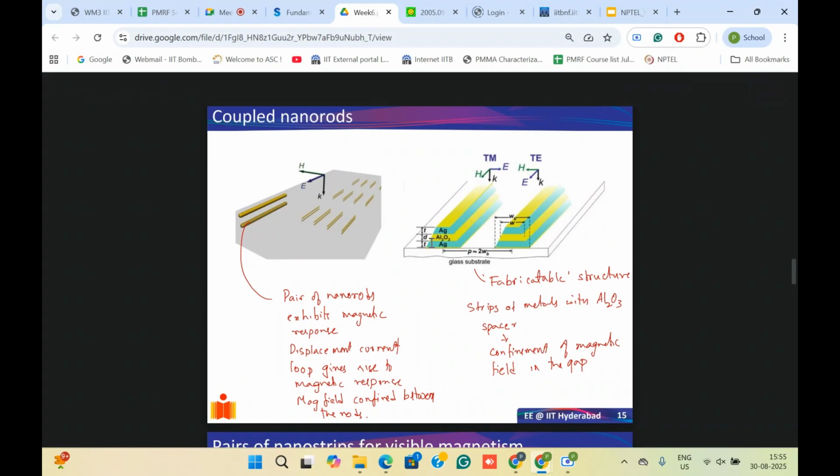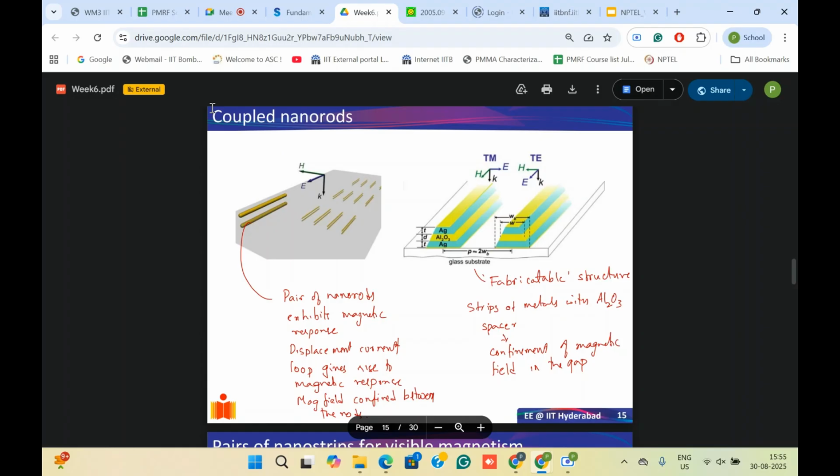Next we have the example of coupled nanorods. Here we have a pair of nanorods which exhibit a magnetic response. The reason is, if we think about a magnetic field perpendicular to the axis of the nanorods, we can have a circulating current going in these rods, and then the displacement current at the gap.